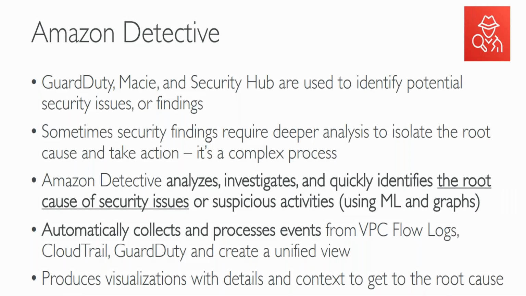Okay, so team, this is my Amazon Detective. So what is Detective, team? All these things that we are getting data from, like GuardDuty, Macie, all those logs we are getting from Security Hub, are used to identify potential security issues or findings. We use Detective where we need to identify the root cause.